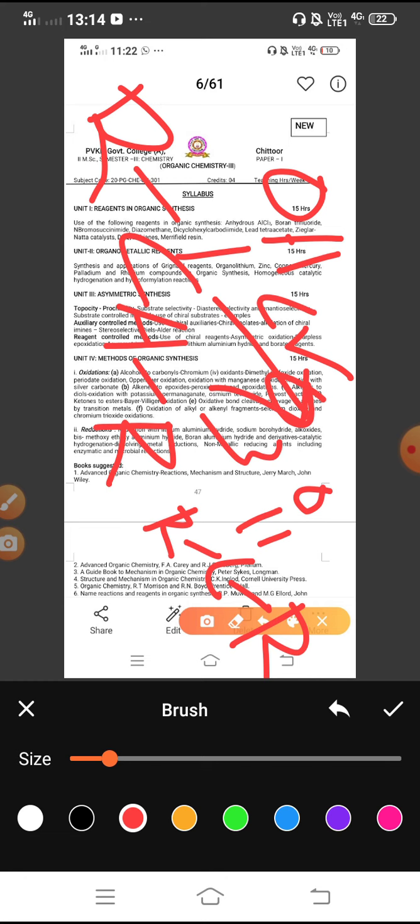Secondary alcohols treated with chromium trioxide produce carbonyl compounds. This is oxidation, because in this reaction we have two hydrogens in the reactant and in the product there is no hydrogen. But the reverse reaction, ketones to secondary alcohols, has no hydrogens in the reactant and two hydrogens in the product, so it is called a reduction reaction.